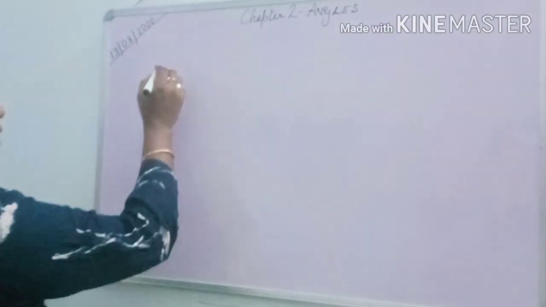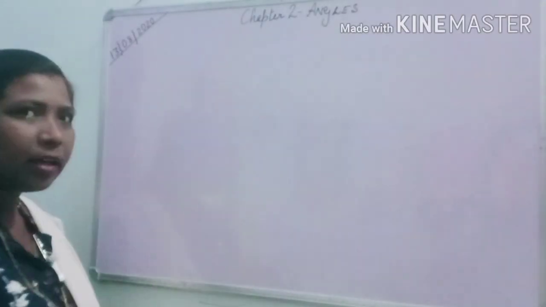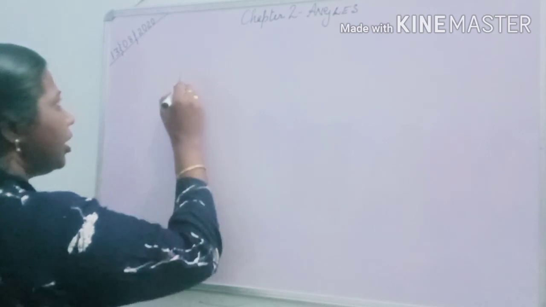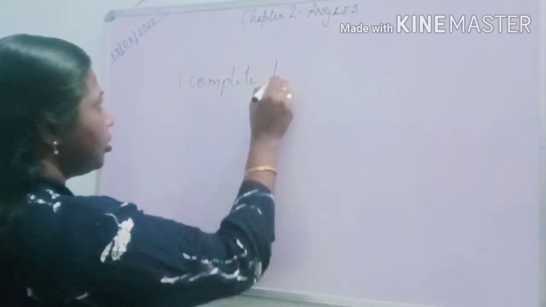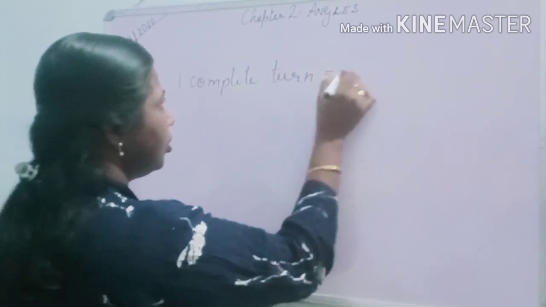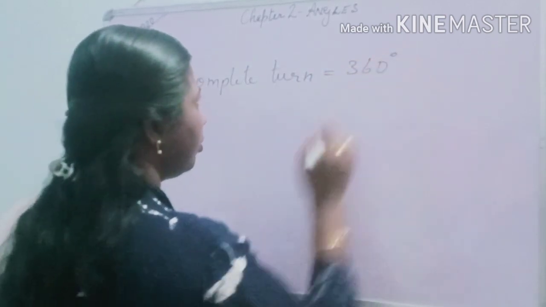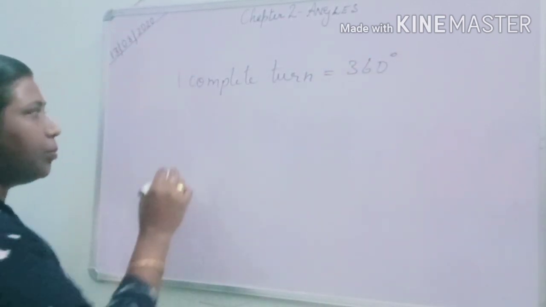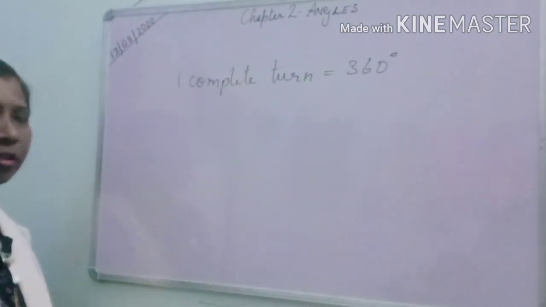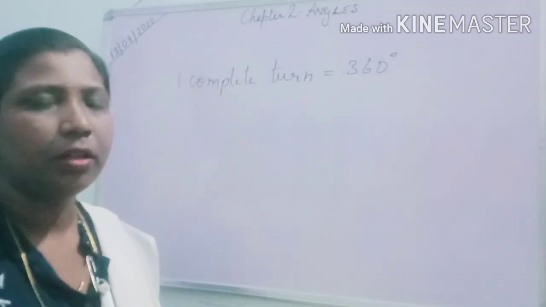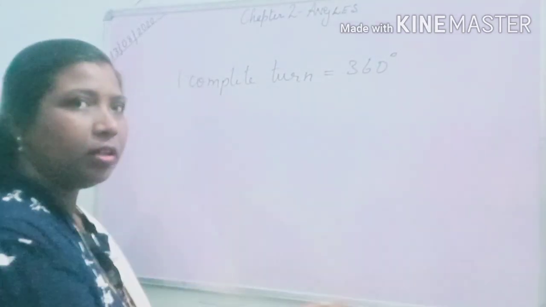In the last class I explained that one complete turn is equal to 360 degrees. In the same way, the clock turns. The clock also moves in 360 degrees.